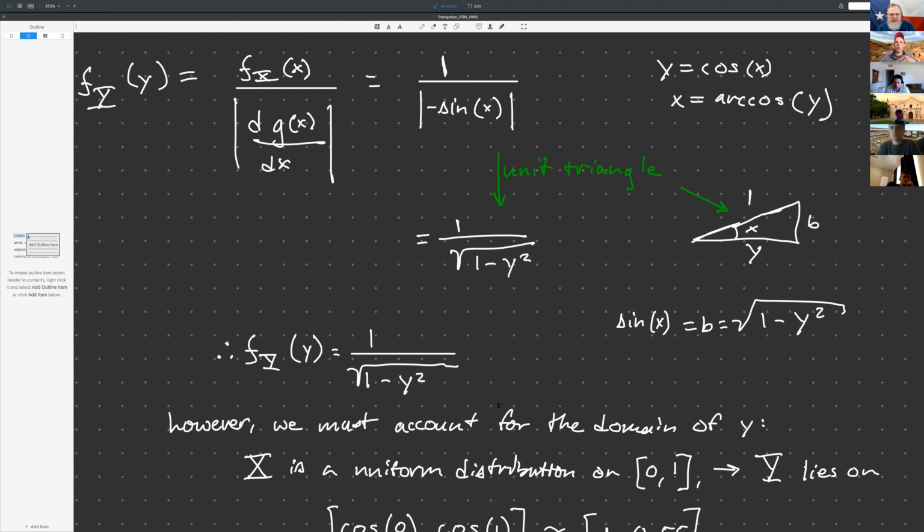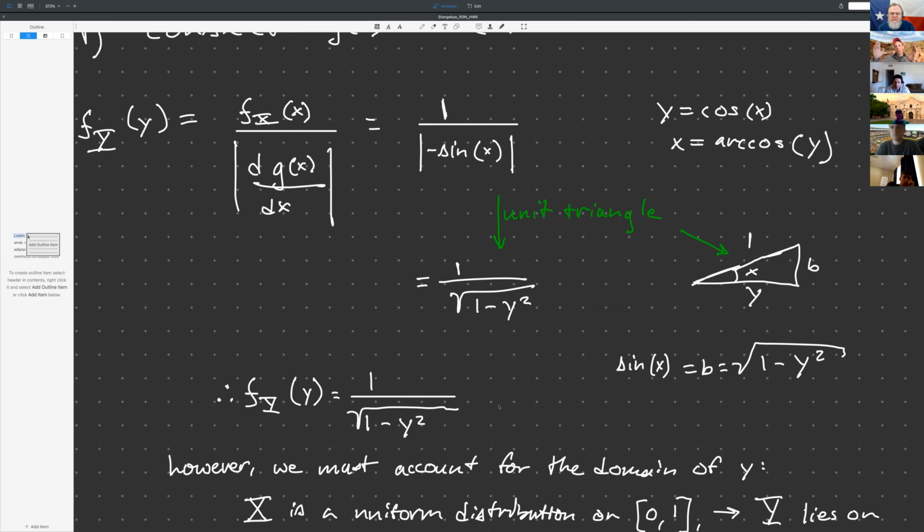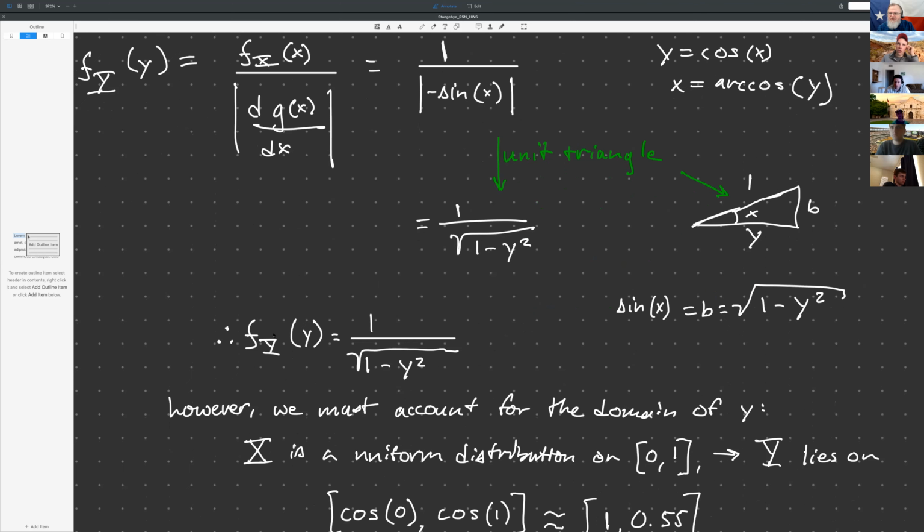So therefore, what interval is that? I guess it's from 0 to 1, right? Yes, so that shifts the f sub y interval from 1 to around 0.55, whatever the cosine of 1 is. Oh, okay, interesting. Yes. So at 1, there's literally a singularity. It goes to infinity, right? Yes, which is cool.